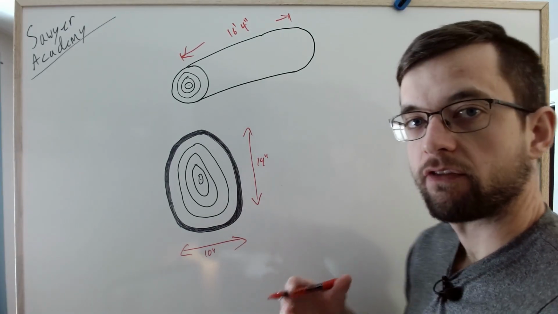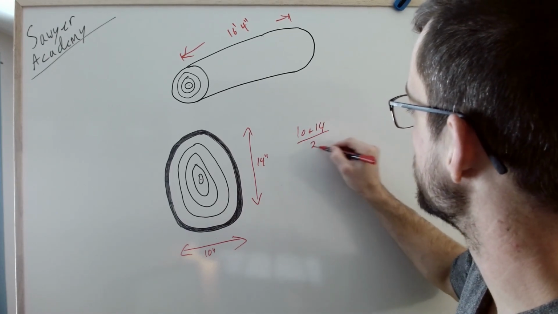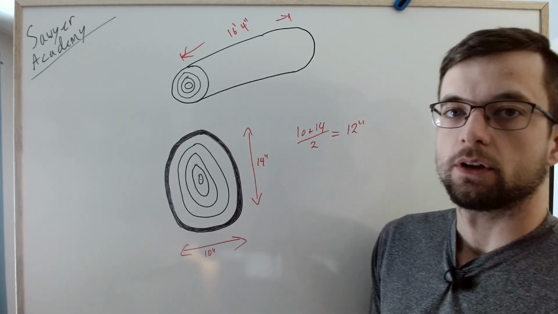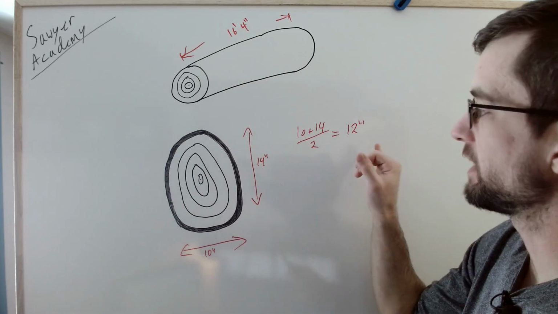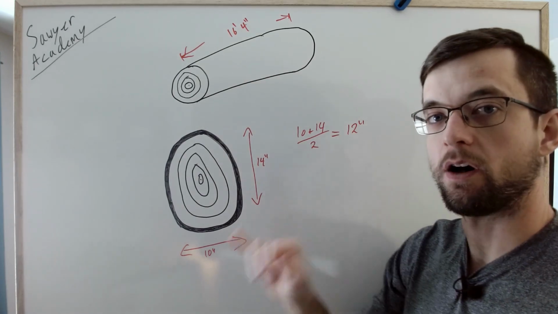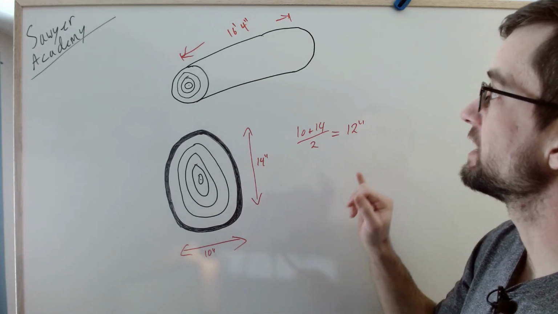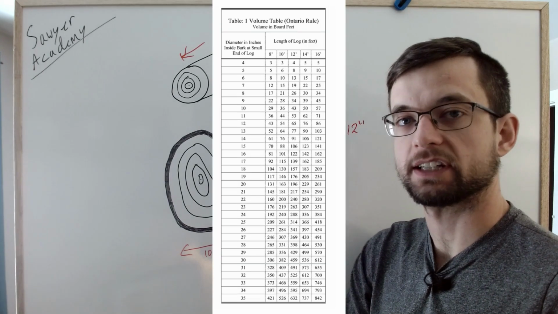And then with that, we can find the average diameter by adding them together and dividing by 2, which is going to give us 12 inches. So now we've done the 2 measurements we need to do on this log. We've gotten the length and we've gotten the average diameter of the small end inside the bark. Now what we can do with this is take these 2 numbers, and we'll bring back that table we looked at earlier.